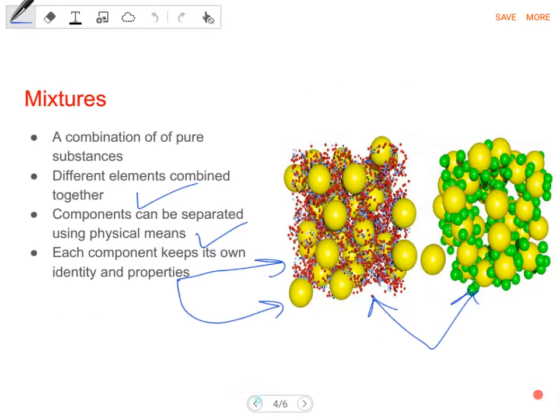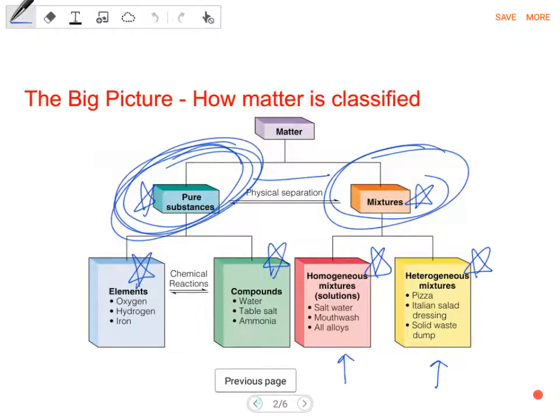Now, you will notice here that I did not make separate slides for pure substances. We talked about this, but I think it's important. These are very simple. We talked about elements. We talked about compounds. At the end of the day, what I would like you to know is how matter is separated into pure substances and mixtures, and then you want to know the rest of this flow chart.